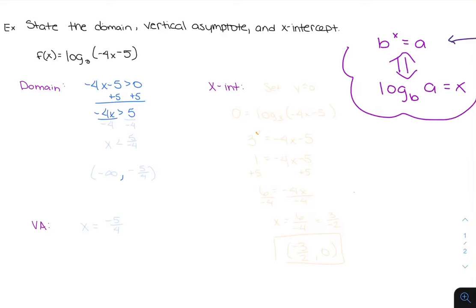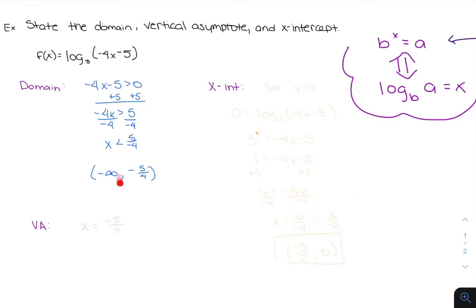Divide by -4, and what happens to the sign once we divide by a negative? It flips, so we have that x is less than 5 over -4. In interval notation, this is just -infinity to -5 over 4.